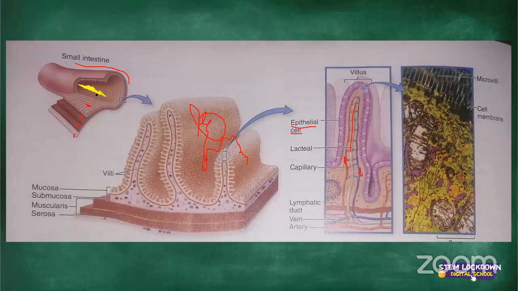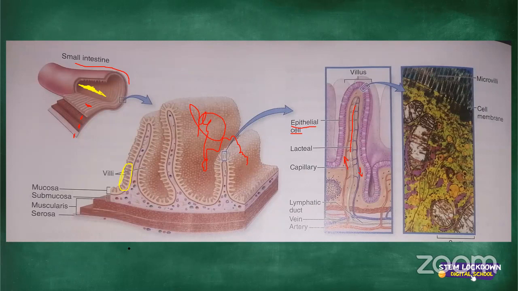So they are in contact with your mucosa. And what is found on the mucosa is the villi, right? Here are your villi, and they are in contact with the digestive juices in your chyme, right?